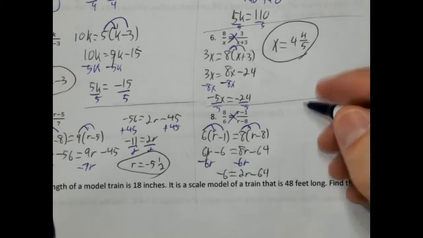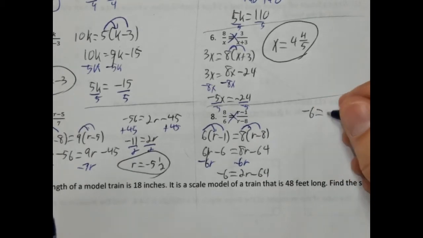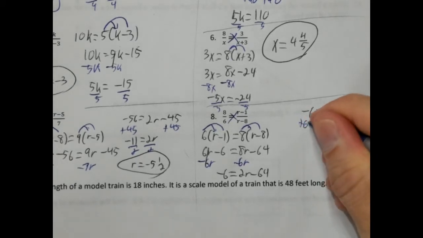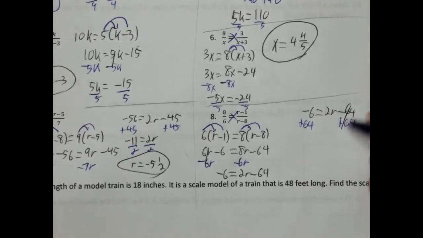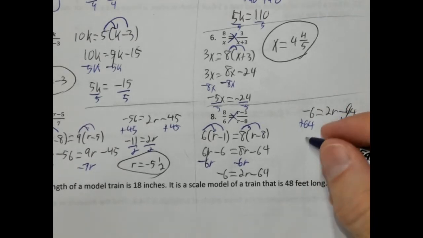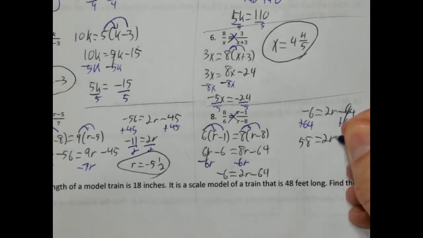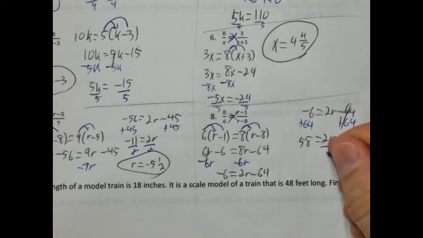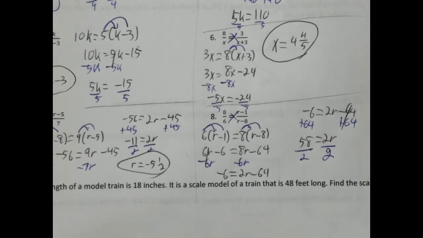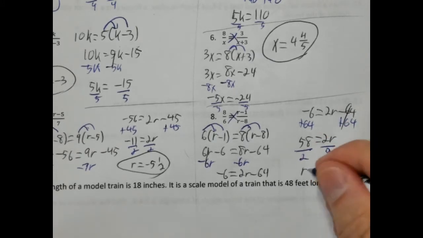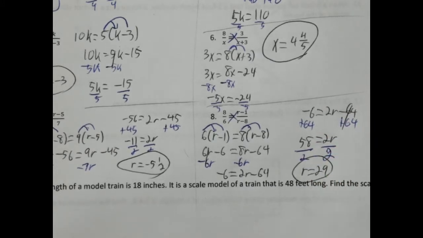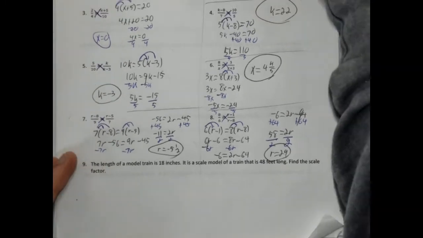I'm going to rewrite that over here so we have more room. We're then going to add 64 to both sides. Let's see, it's going to be 58. Yep, 58 equals 2r. Divide by 2. And r equals 29.